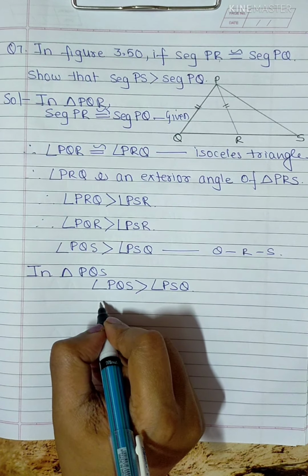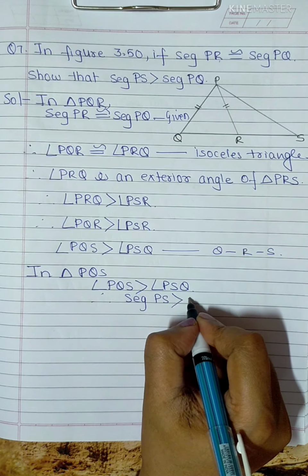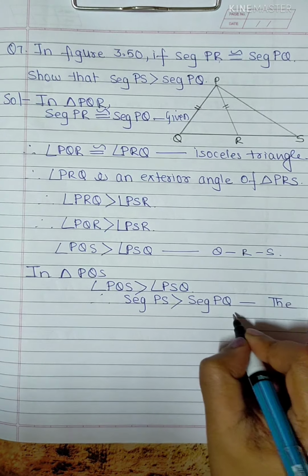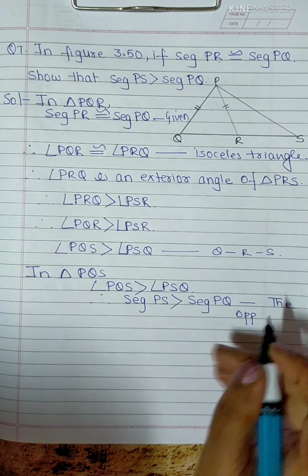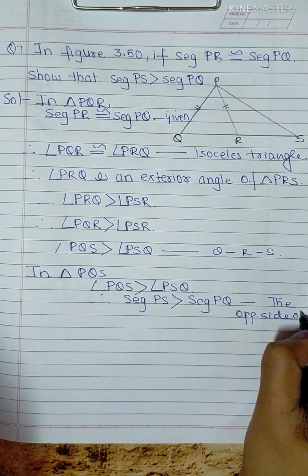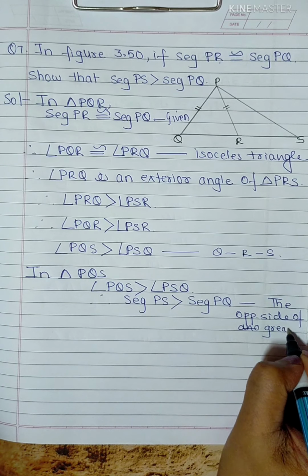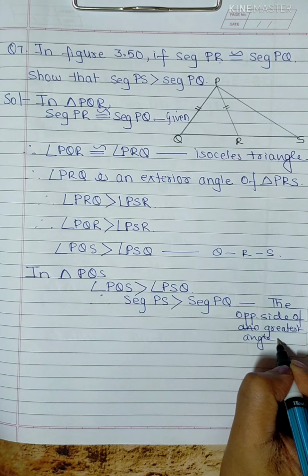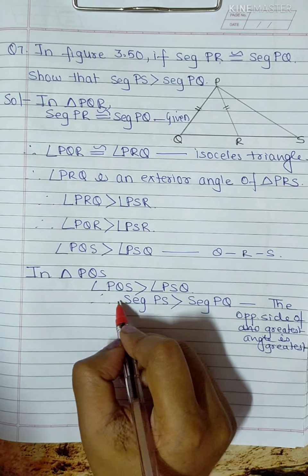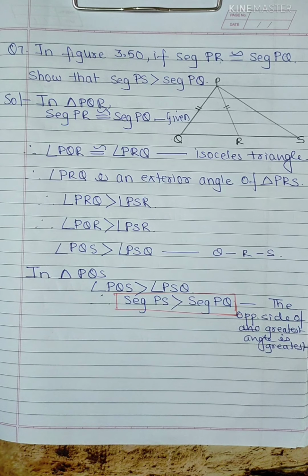Now therefore segment PS is greater than segment PQ. Reason is the side opposite the greatest angle is greatest. We have proved segment PS is greater than segment PQ.